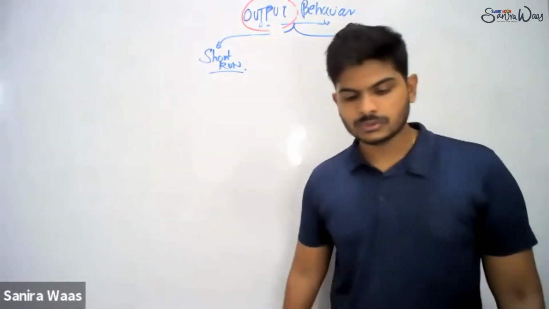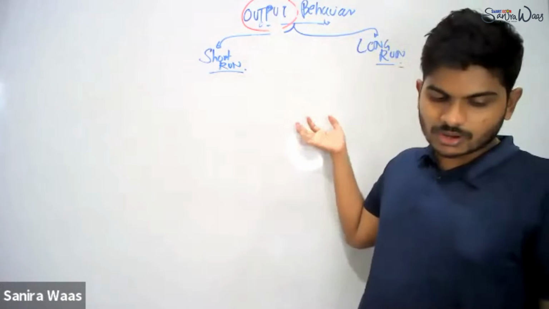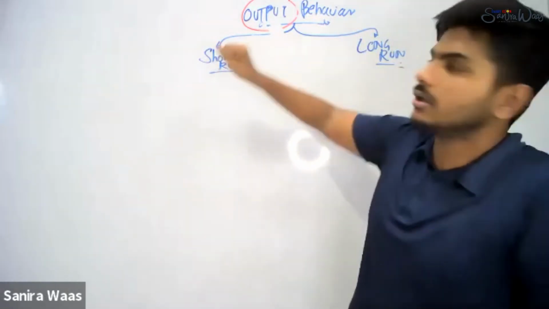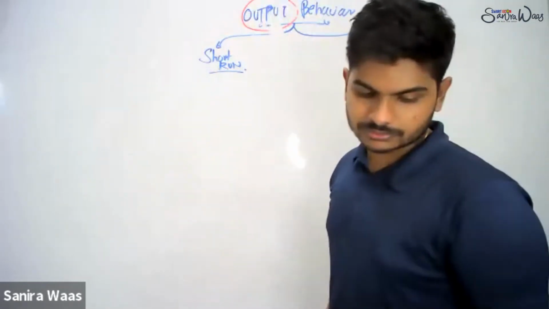What is the logic? What is the concern? What is the concept behind how to identify whether this is short run or long run based on your output behavior?